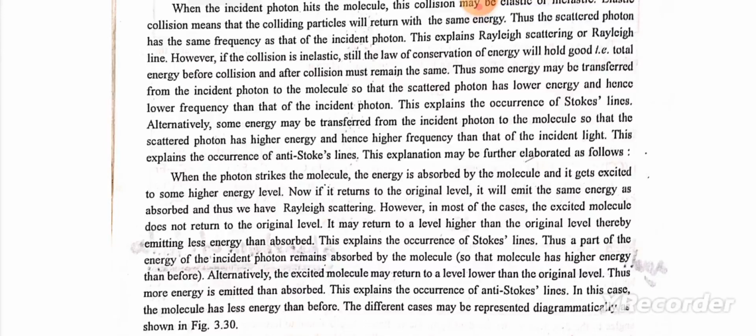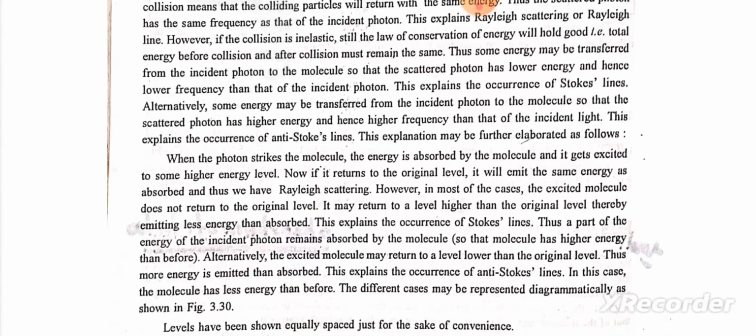Thus, a part of the energy of the incident photon remains absorbed by the molecule so that the molecule has higher energy than before. Alternatively, the excited molecule may return to a level lower than the original level. Thus, more energy is emitted than absorbed. This explains the occurrence of anti-Stokes line.